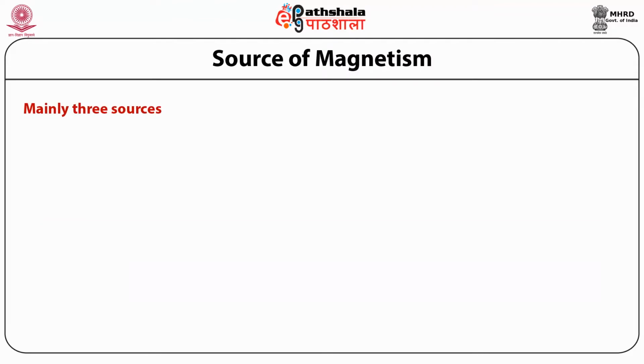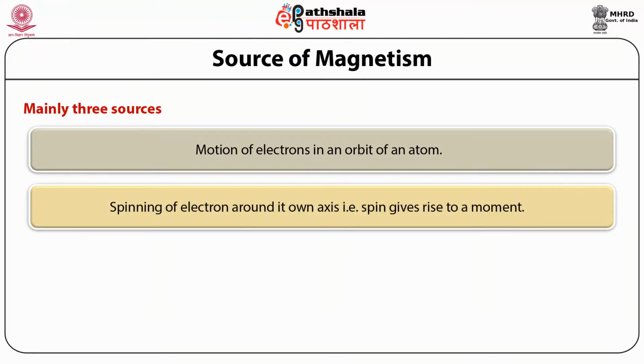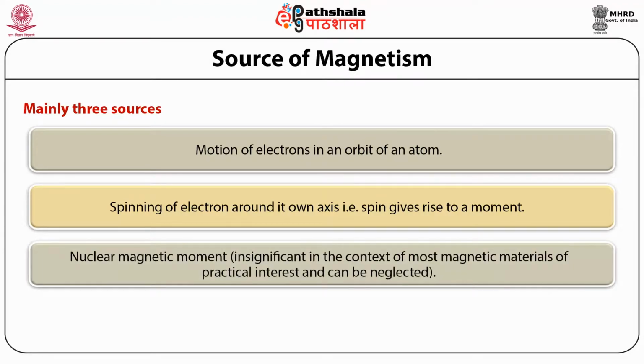So in short, one source of magnetism is the motion of electrons in an orbit of an atom. The second is the spin magnetic moment due to the spinning of electrons around their own axis. And the third is the nuclear magnetic moment due to nuclei, which is rather insignificant in the context of most magnetic materials of practical interest and can be neglected.